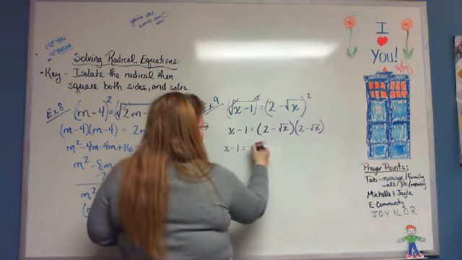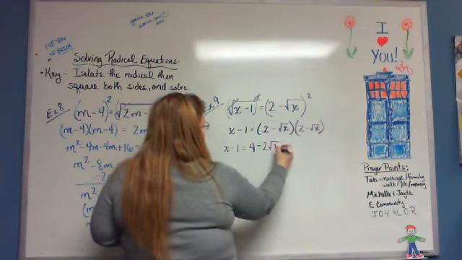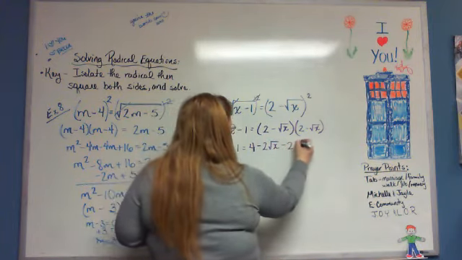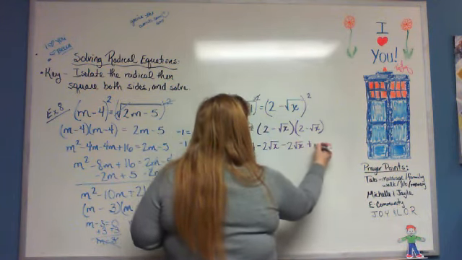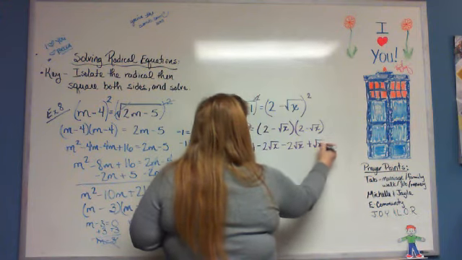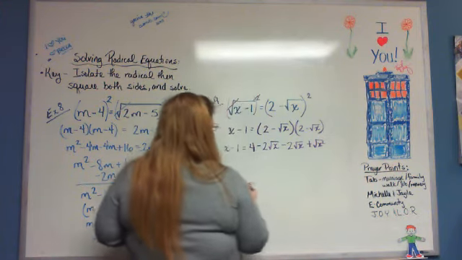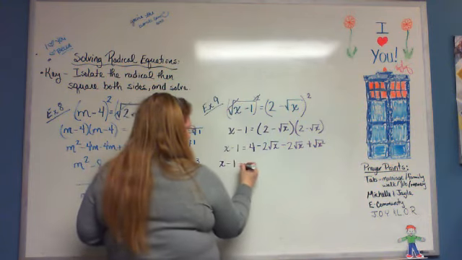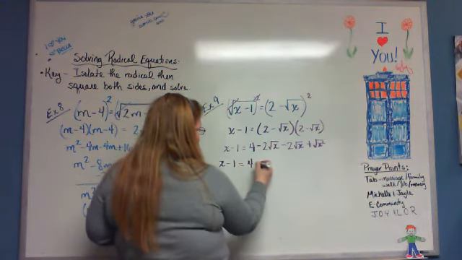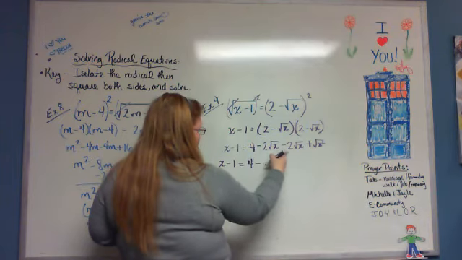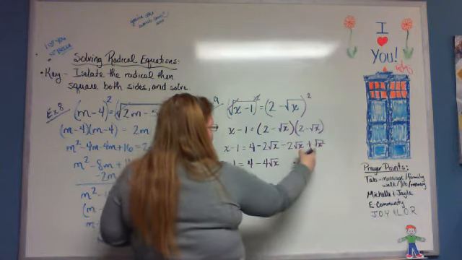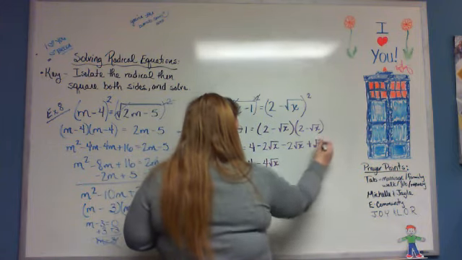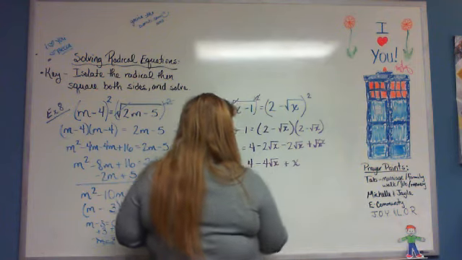Then we have to FOIL it out. 2 times 2 is 4, minus 2 square roots of x, minus 2 square roots of x, plus square root of x squared. Well, that's 4 minus 4 square roots of x. And then square root of x squared is just x.